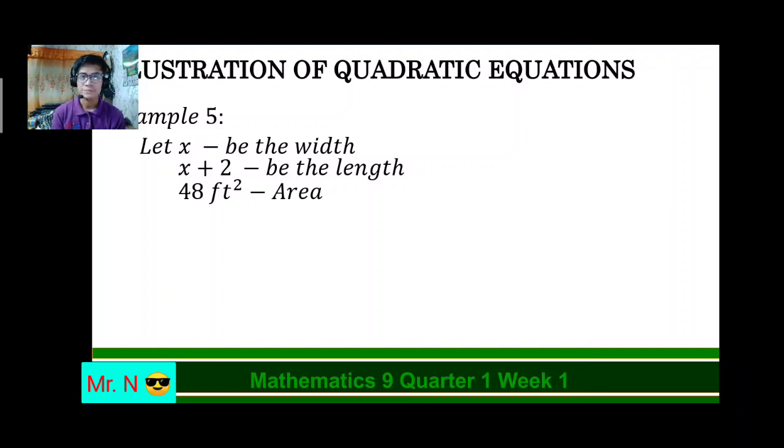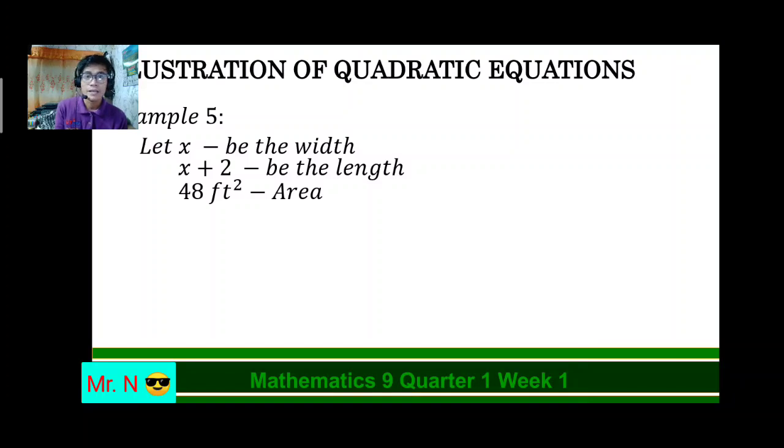Now, let's equate. We will make an equation. Now, to make an equation, you should first remember how to make one out of the representation and the information given in the problem. If you notice, father will construct a rectangular stage.